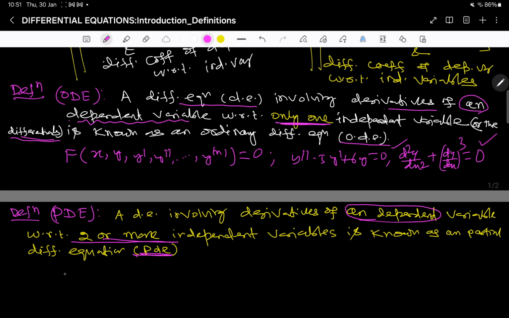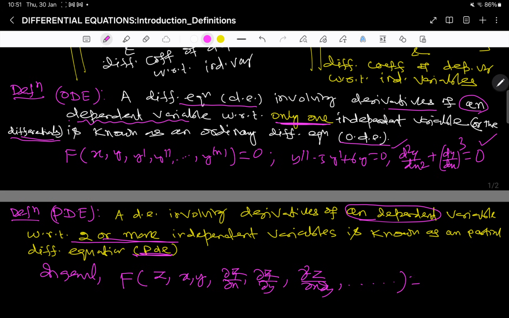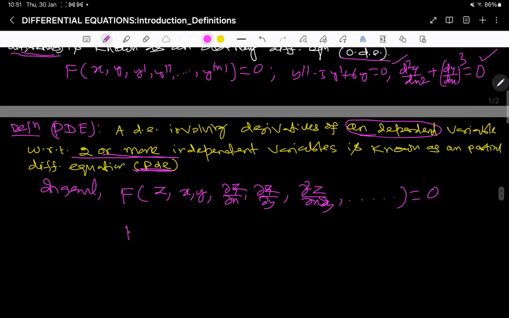So here, if I write it in general, this can be written as a function of, if I take the dependent variable as z and independent variables x, y, then there may be del z by del x, del z by del y, del square z by del x del y, and so on, as I have told you, p, q, r, s, t, and so on. So I can write it as F of x, y, z, p, q, r, s, t, and this is equal to 0. This is the general form of a partial differential equation.